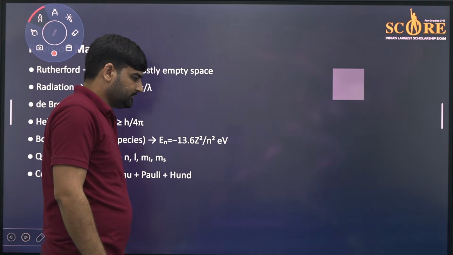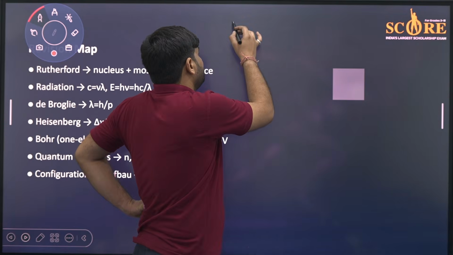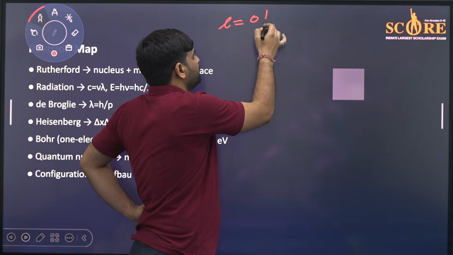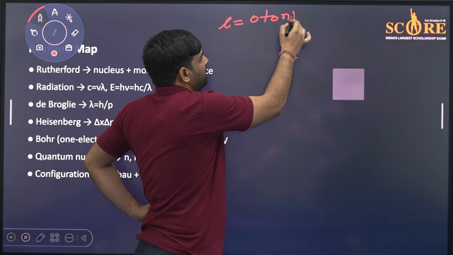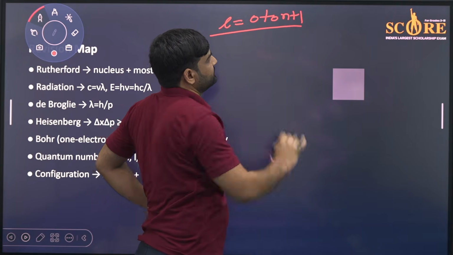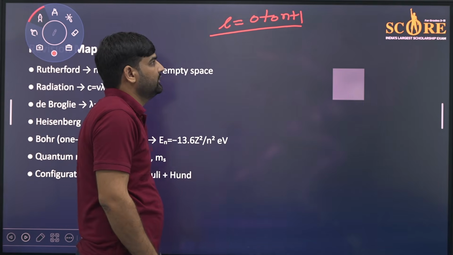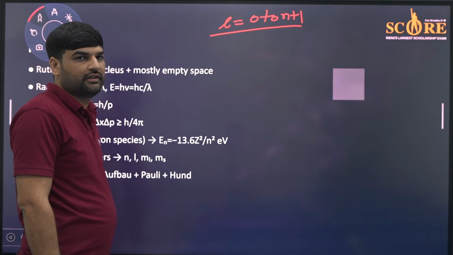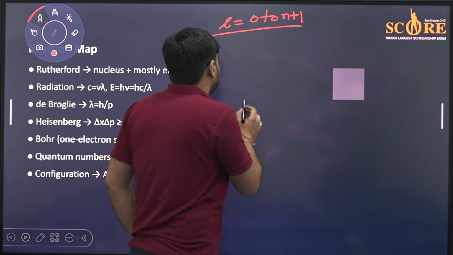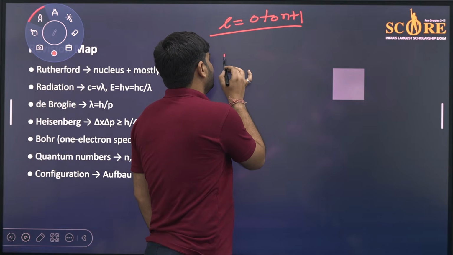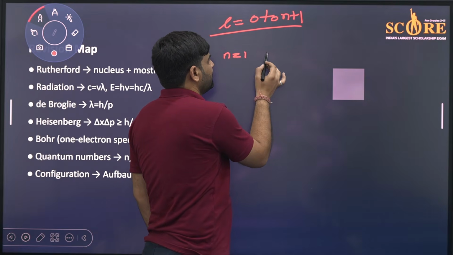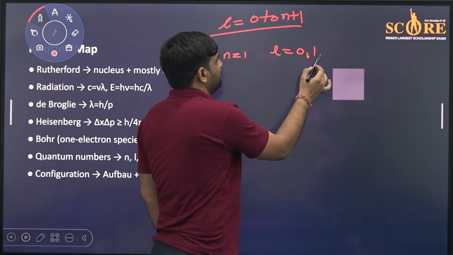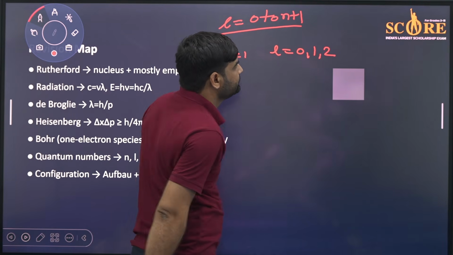Next question: if I change l to range from 0 to n plus 1 and nothing else is changed, only this change is made, we have to assume l from 0 to n plus 1. So if n is 1, then l will be 0, 1, 2.